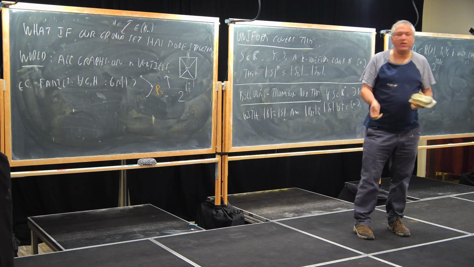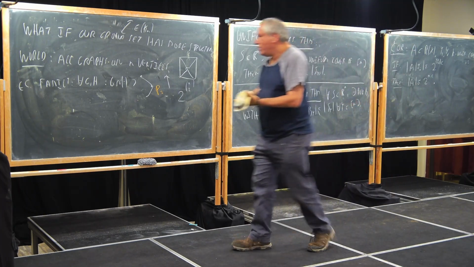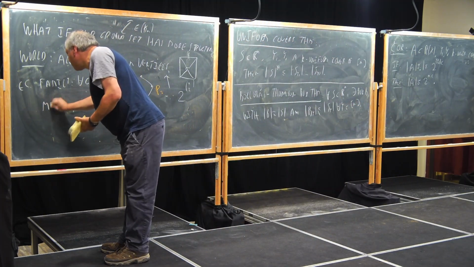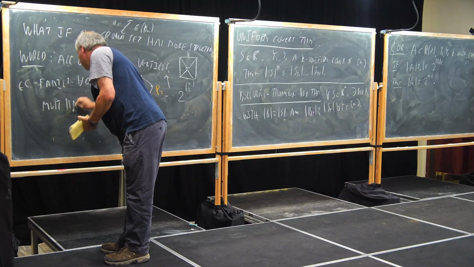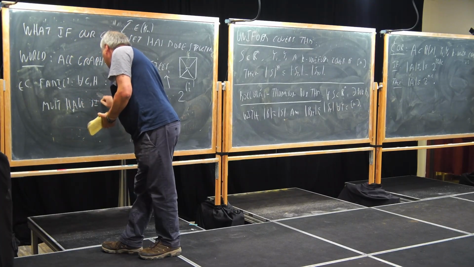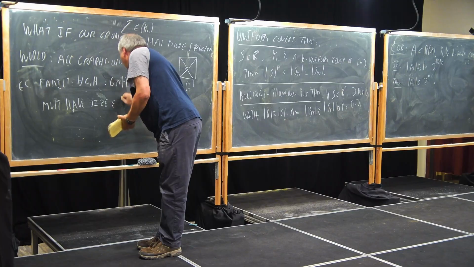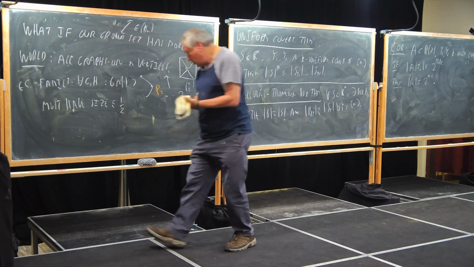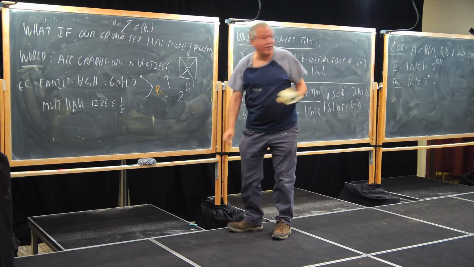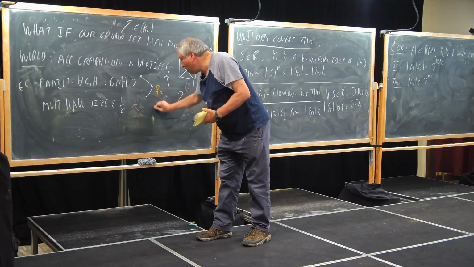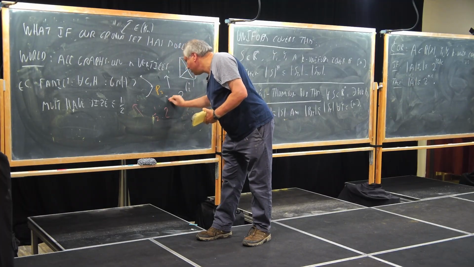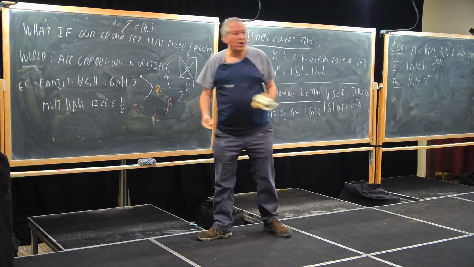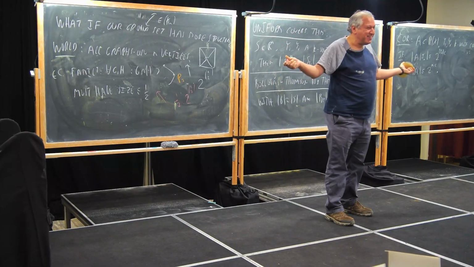So how big can a family be? Of course, it must have size at most a half. Right? As always, by a half, I mean half of the world. So I mean half times 2 to the n choose 2, because you can't have a graph and its complement.